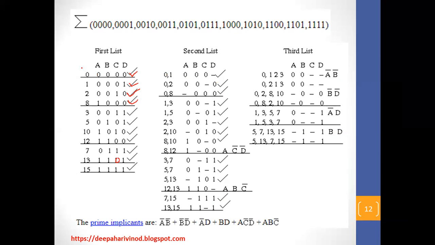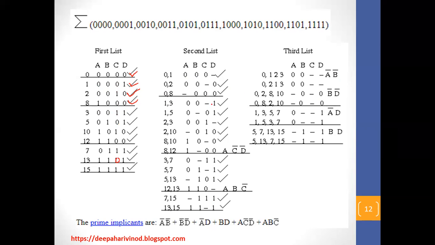Next we compared index 0 with 1. Now I have to compare 1 with 2. So for comparing 1 with 2, compare 1 with 3 first. Decimal 1 with decimal 3, that is 1, 3. What will be the answer? 0, 0, 0, 1. Here it is 0, 0, 1, 1. So you can see that the third bit is changing.